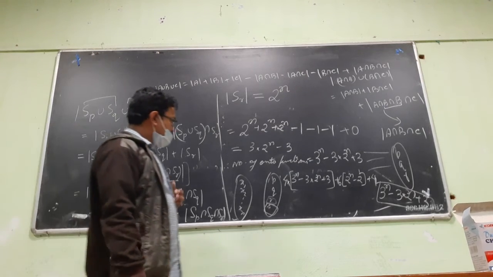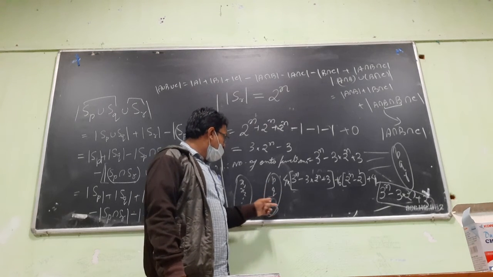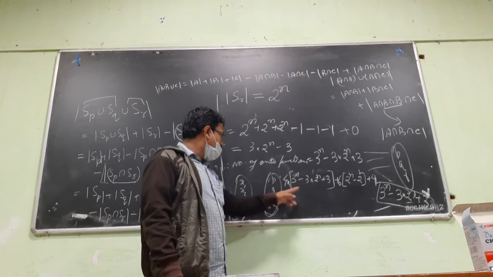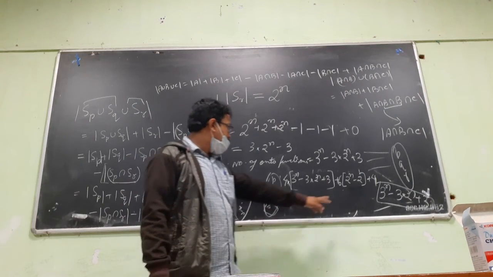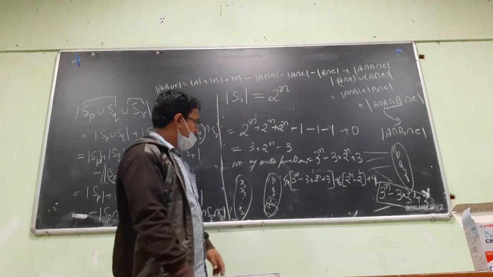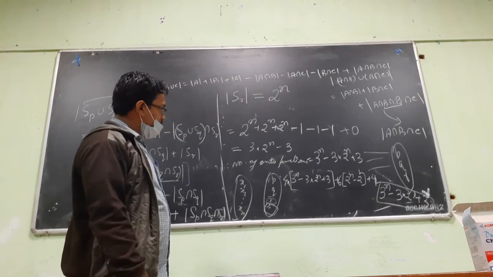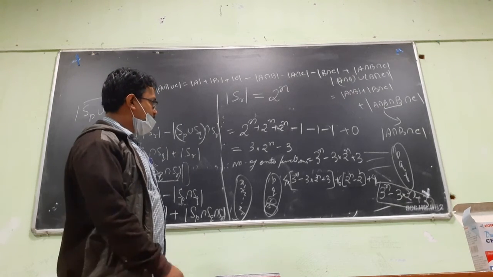The number of functions which go onto PQR is this. Number of functions here which go onto PQ. Correct. So 12, 12 minus 1.